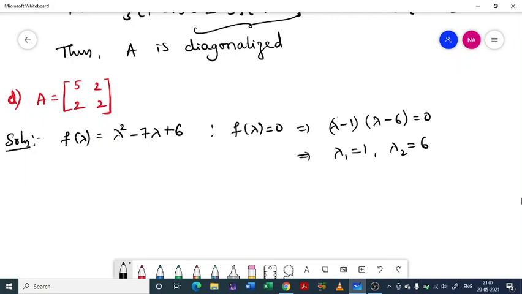I am just writing the outline, I am not writing the exact solution in a proper way. So lambda 1 equal to 1 and lambda 2 equal to 6 are the eigenvalues.